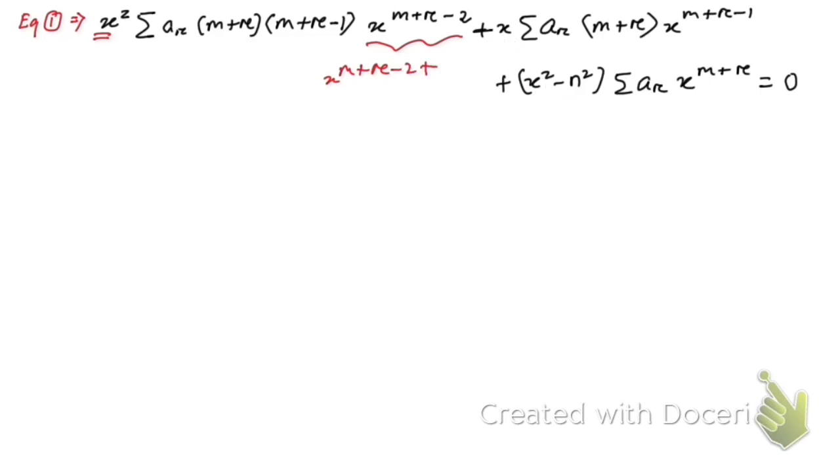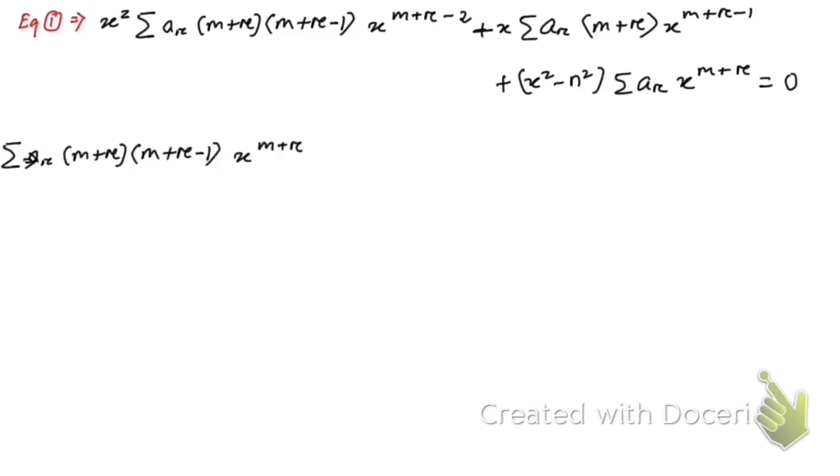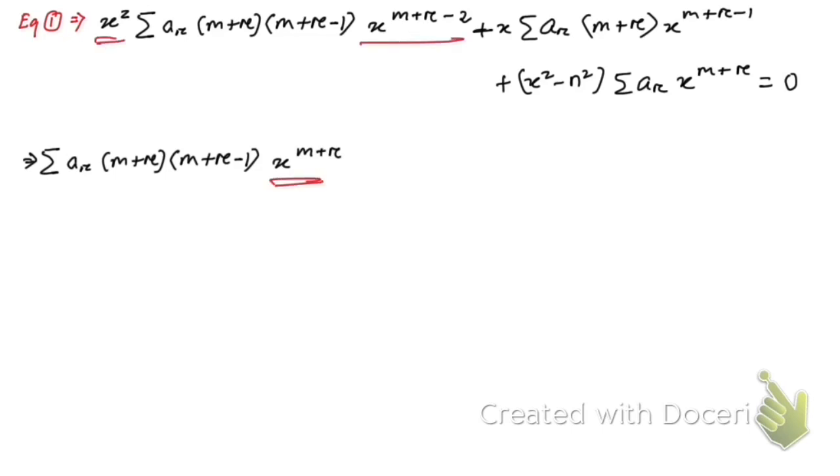So now let me write what we're going to have after this simplification. If you multiply this 2, then you're going to get this, right? So this plus 2 minus 2 will cancel each other.